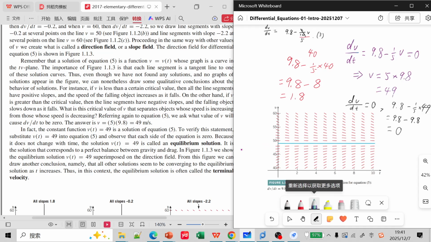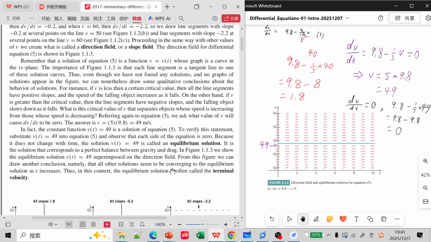From this figure, we can draw another conclusion, namely that all other solutions seem to be converging to this equilibrium solution as t increases.